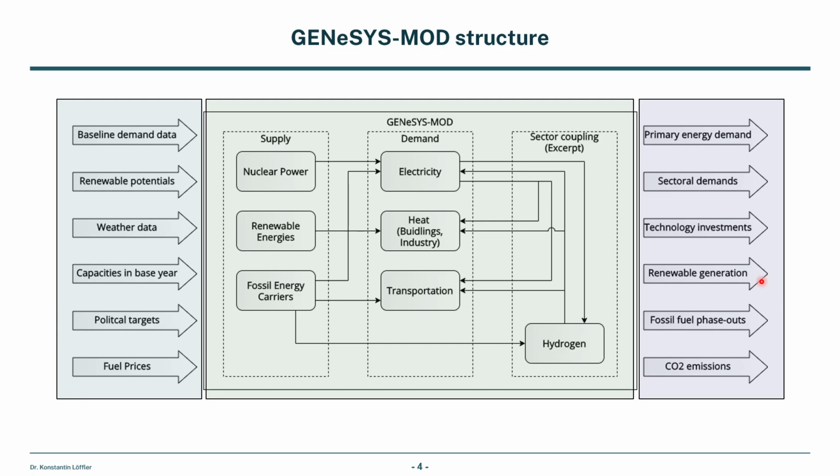And this, of course, means that we can then infer from this information fossil fuel phase-out dates, for example, points in time when fossil fuels are simply disappearing from the mix, and of course also things like CO2 emissions trajectories. If we've set carbon constraints, then we can usually see shadow prices for CO2 costs, for example, as well. So this is roughly GENeSYS-MOD from a very brief side, very stylized, very undetailed.